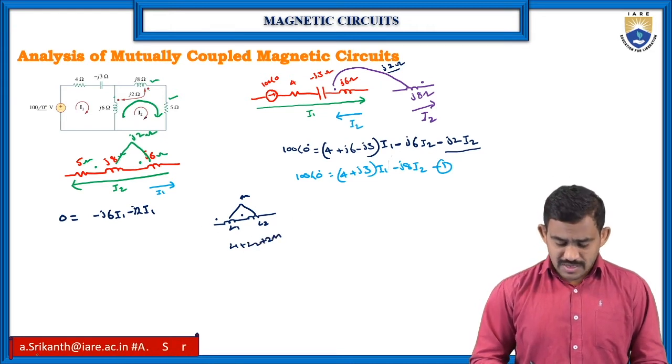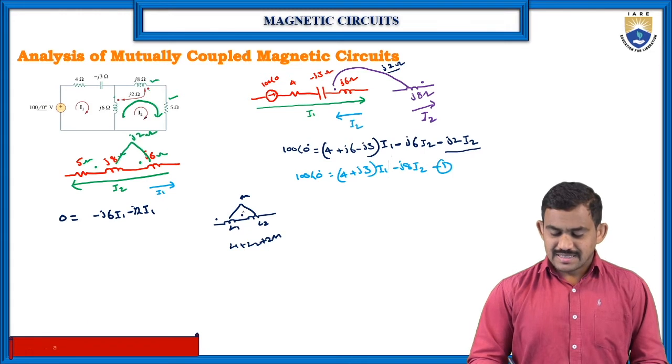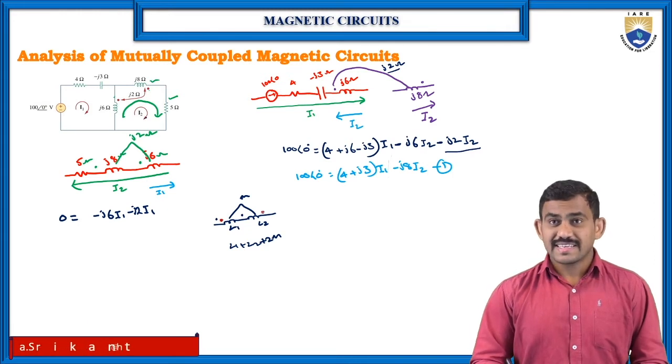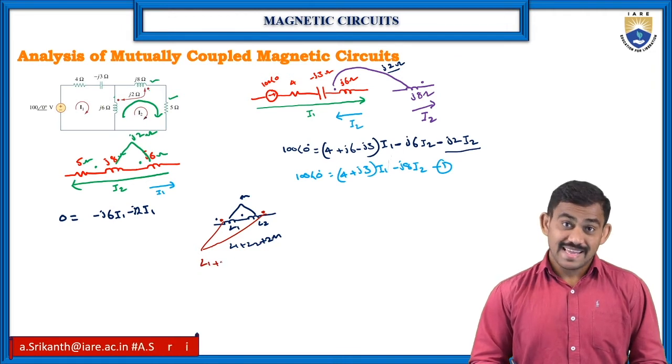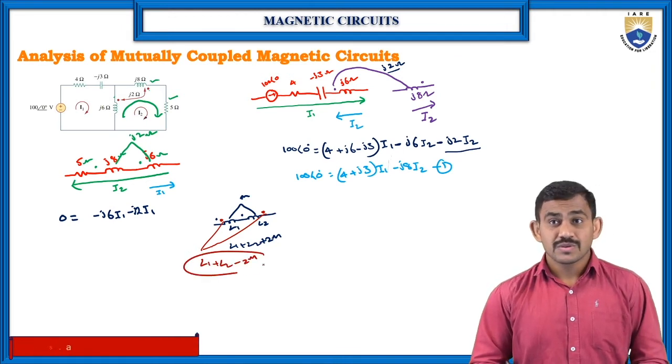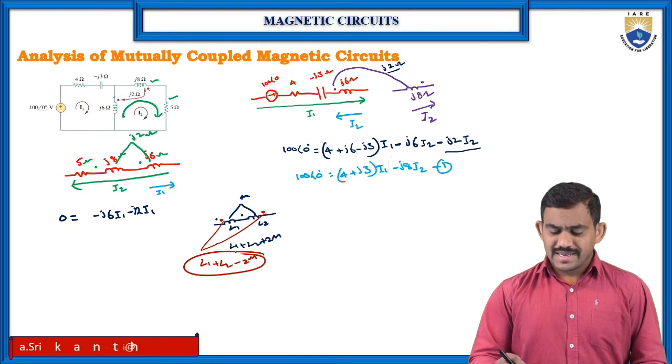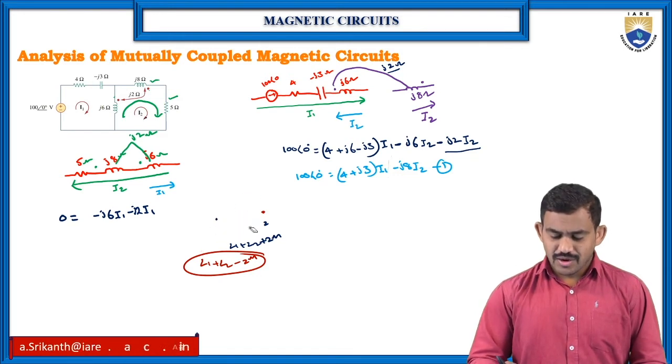If suppose one dot is at the starting position and the other at the ending position, then the value is L1 plus L2 minus 2M. But here the dots are the same.